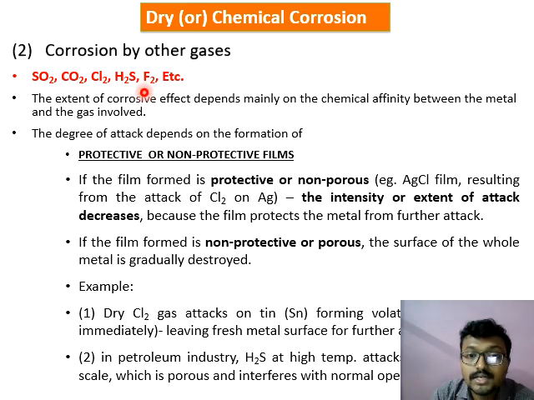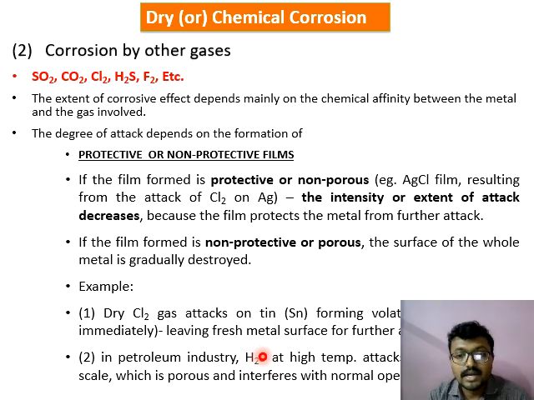Now corrosion by other gases. Not only oxygen, other gases can corrode a metal. For example, chlorine gas can react with tin and form stannic chloride, SnCl4, and in that way the tin material is degraded.